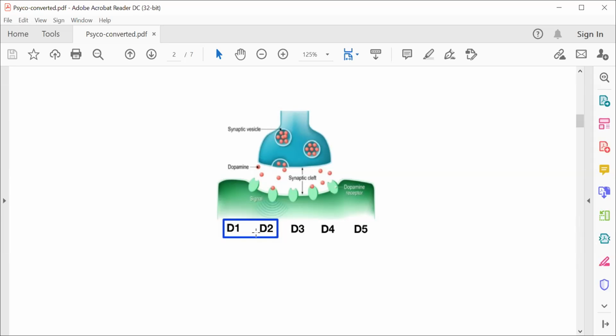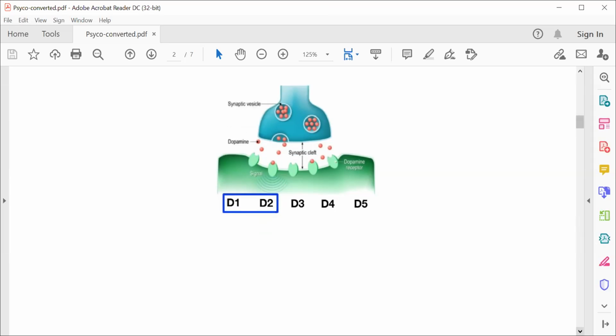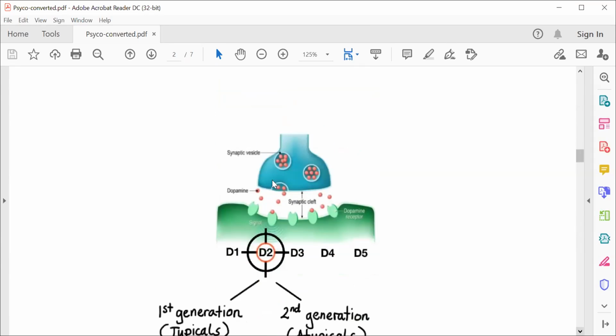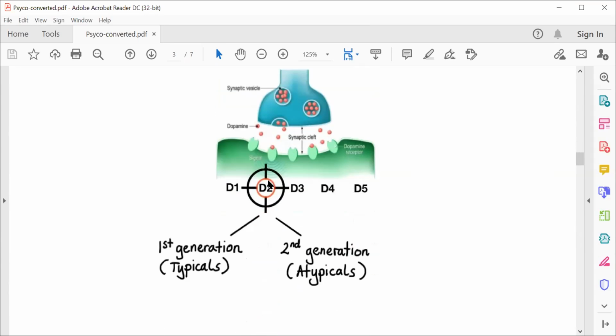However, D1 and D2 are the main ones, the ones mainly involved in the development of schizophrenia. And D2 is the target one, because it is the one the antipsychotics, either first generation or second generation, work on. So our main focus now will be on the D2 receptor.